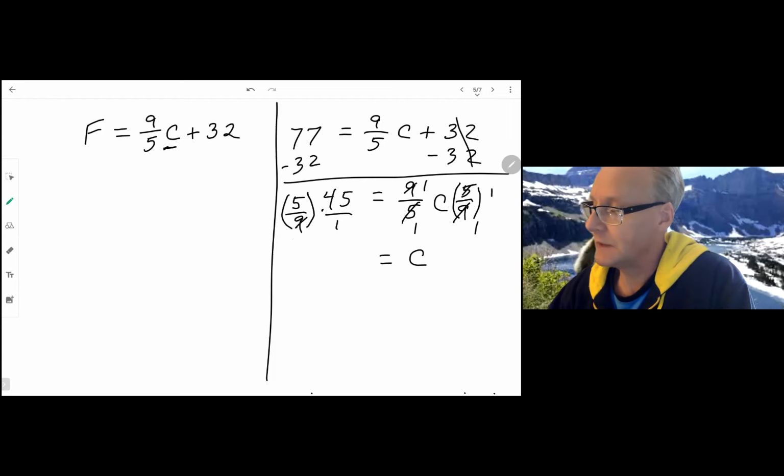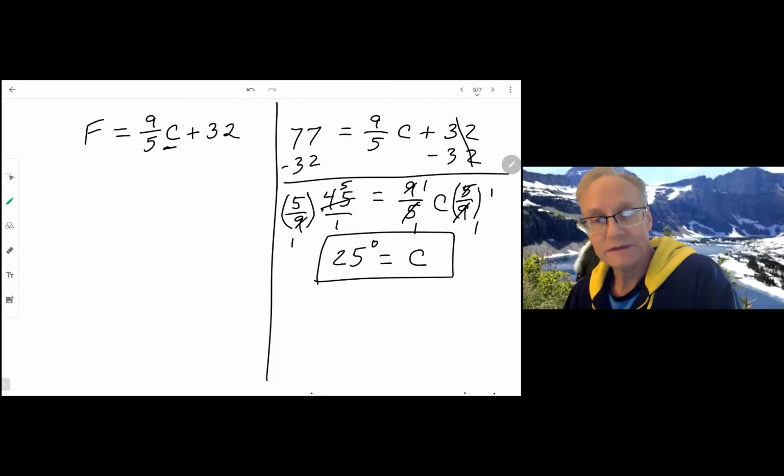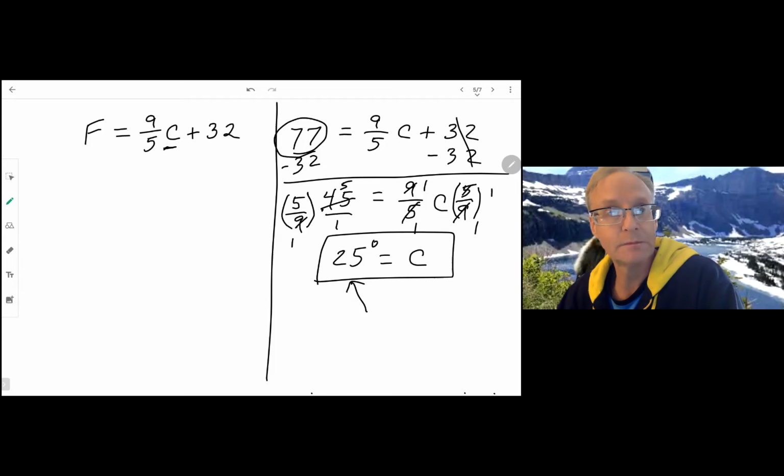And the 9 divides easily into the 45 to give you 5. And 5 times 5 is 25. Now, what that tells us is that if you have a temperature in Fahrenheit of 77 degrees, it represents a temperature of 25 degrees Celsius.